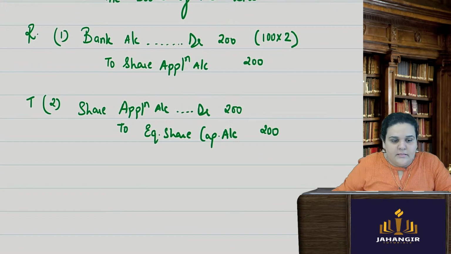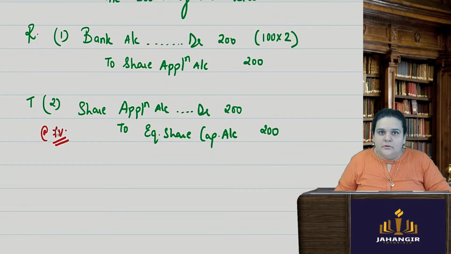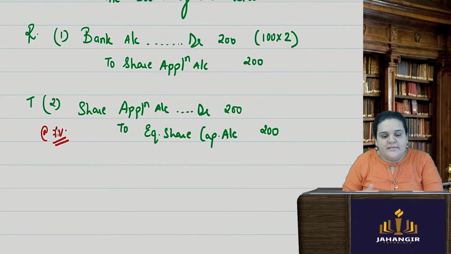Always remember one thing, that whenever you are recording, equity share capital is always recorded at face value. Write that down in a corner like how I have written. So face value on application money is 2, 2 into 100.